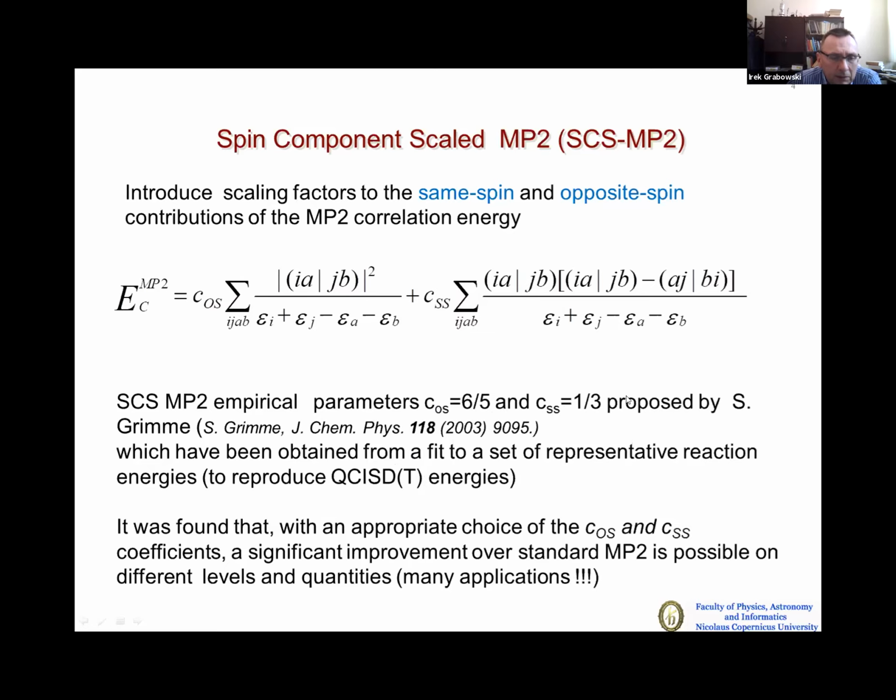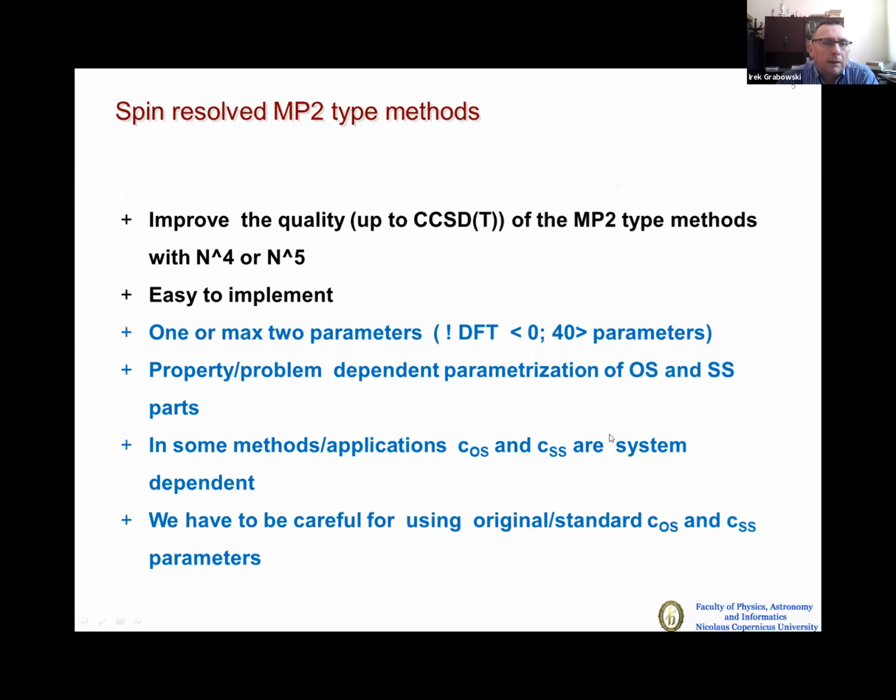And from this moment, many people started using this spin component scaled method, with some successes and failings. Why can the method be useful? First, it can improve the quality, sometimes up to CCSD(T), of MP-type methods with scaling like n to the 4th or n to the 5th.